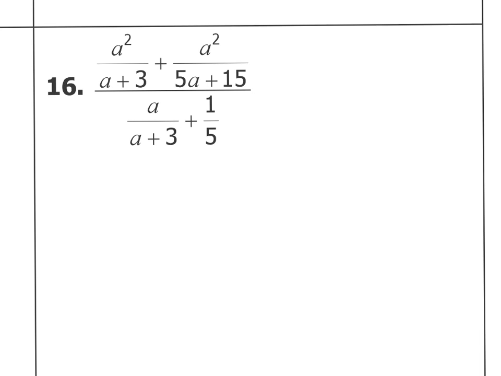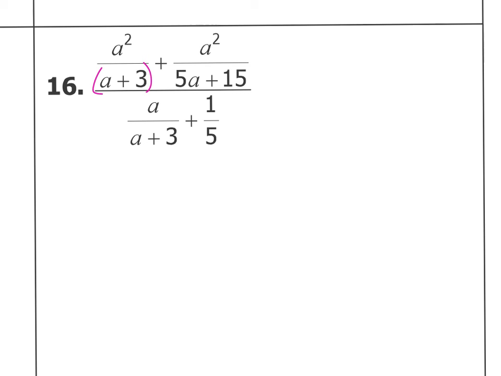So this one looks like it's the most complicated of all, but again, we're just going to apply everything that we've done. So to combine this fraction here into one denominator, I need to factor the denominators to see what factors each has and what factors the other one is missing. So this one cannot be factored. So a plus 3 is the only factor of that first denominator.